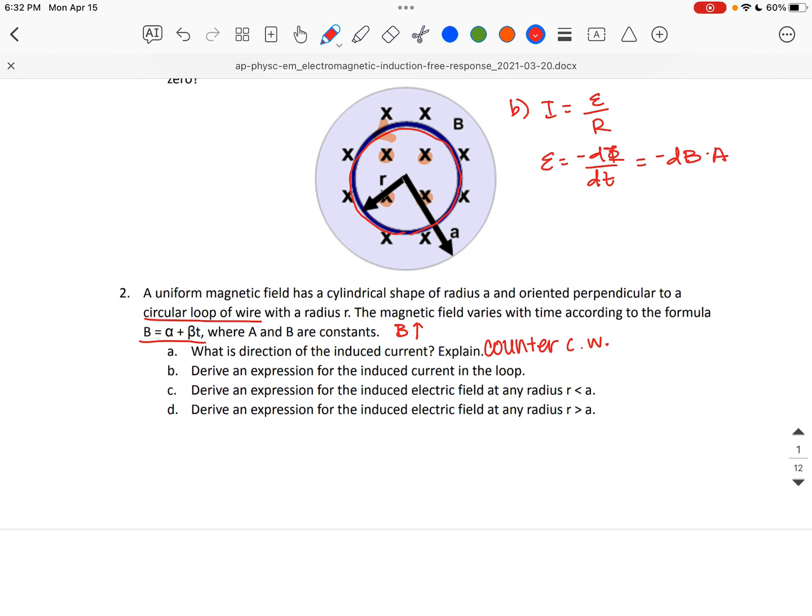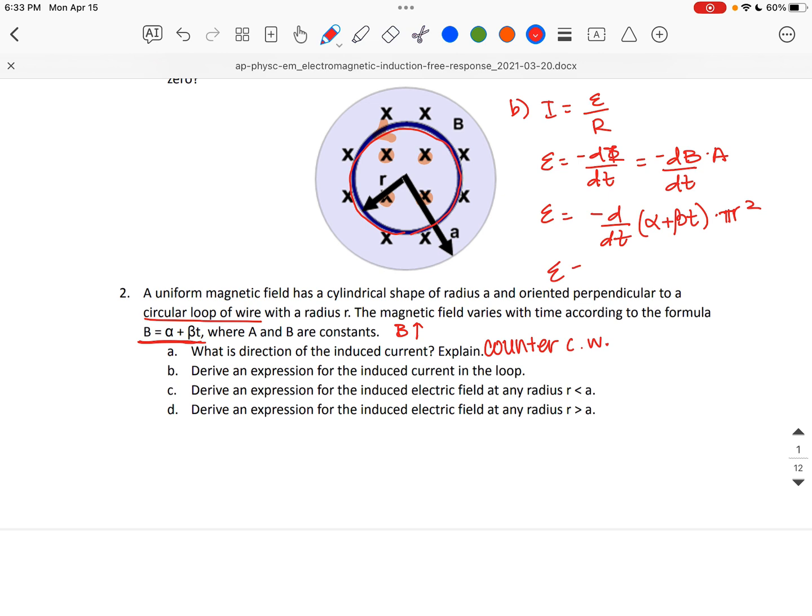And we also know that between the area and the magnetic field, the magnetic field is the one changing over time. So I'm going to put dB/dt, and then EMF is equal to negative d/dt of my function alpha plus beta t times my area. And the area of that circle is going to be pi r squared.